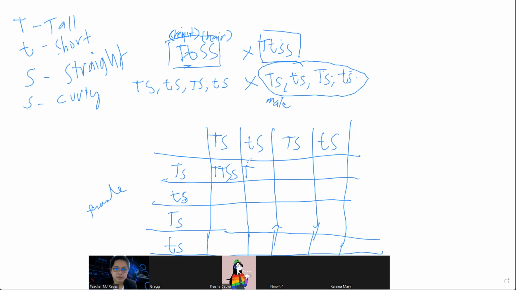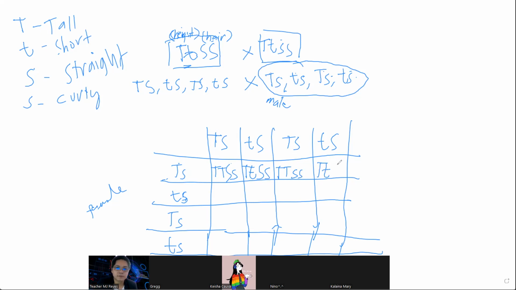We have dominant tall with short, and dominant straight with curly. This is heterozygous tall and heterozygous straight, homozygous tall and curly, homozygous tall curly.